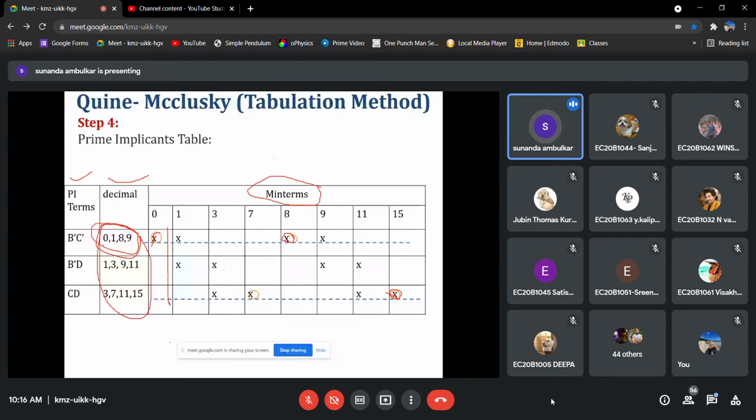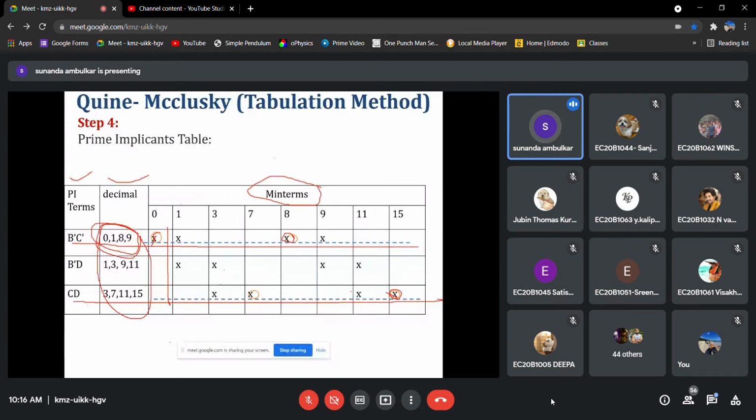Now draw a horizontal line here. In B dash C dash, 0 and 8 have been covered. In CD, 7 and 15 have been covered.